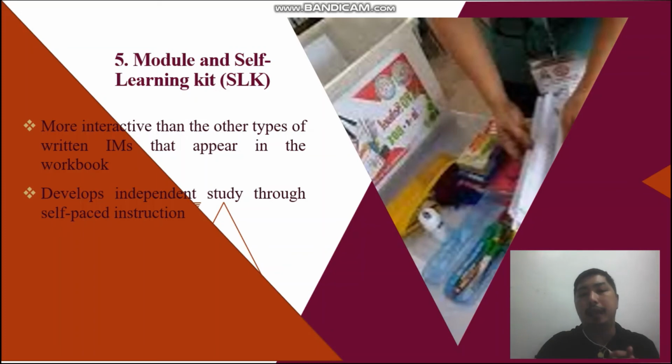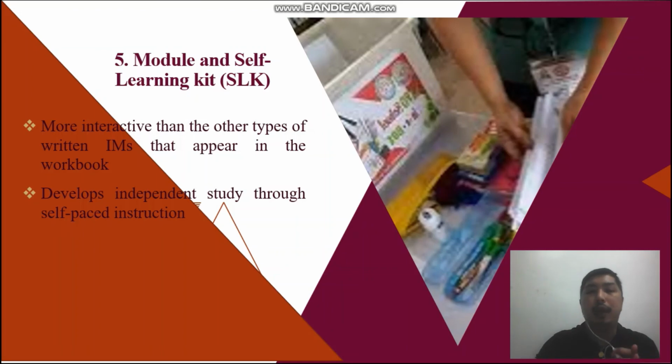It's self-paced instruction because usually the answers on the exercises are also included in the modules, so that students can check how they pace, how they are able to accomplish the exercises.